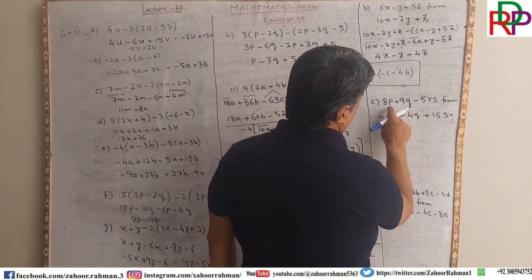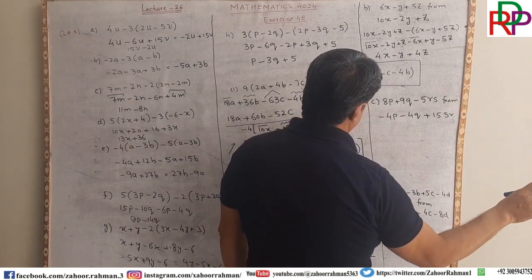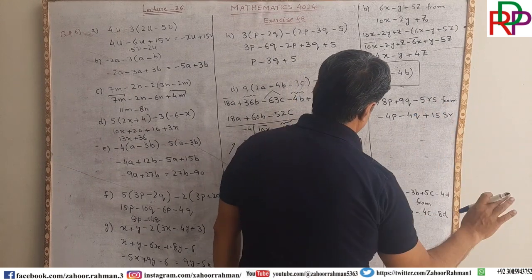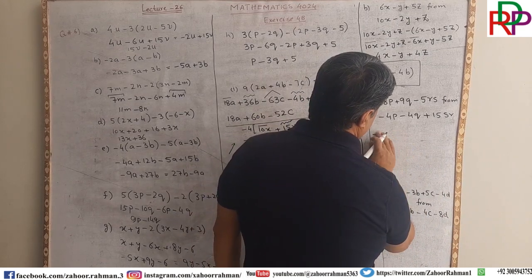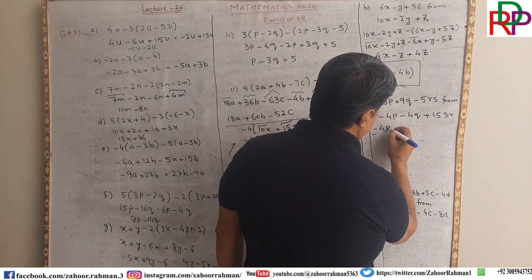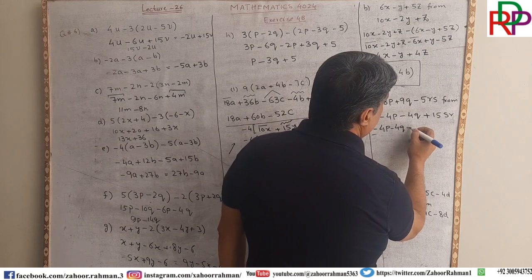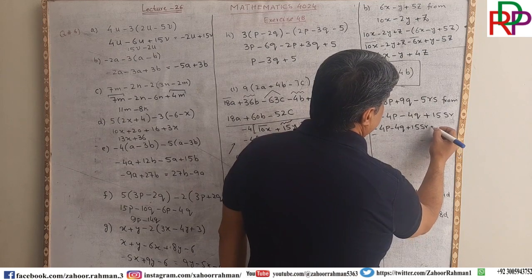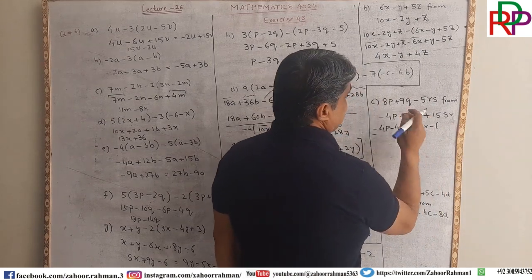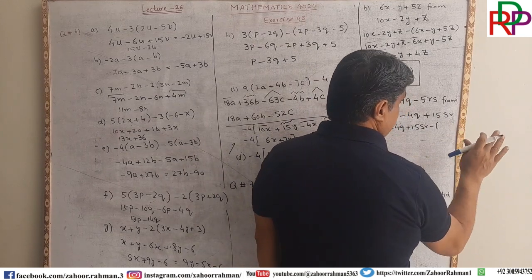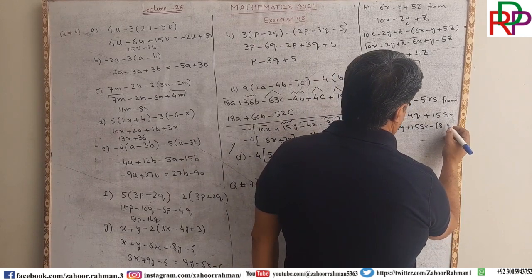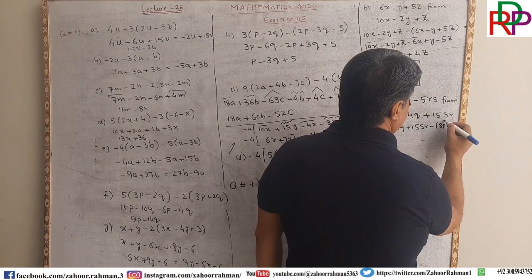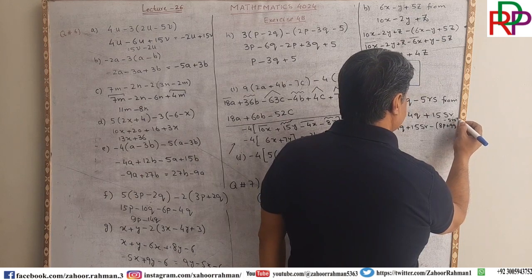Now we are turning our focus to this. Keep in mind, make it your habit that after the "from" you have to write it first. I am writing minus 4p minus 4q plus 15sr, and then I am writing the first one after the negative in the bracket: 8p plus 9q and minus 5rs.